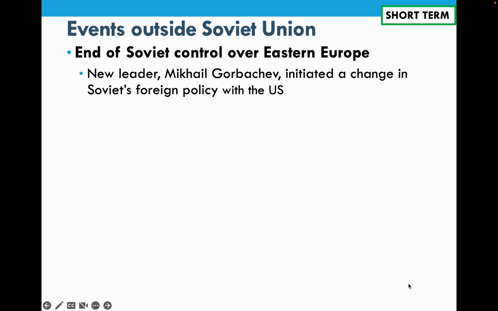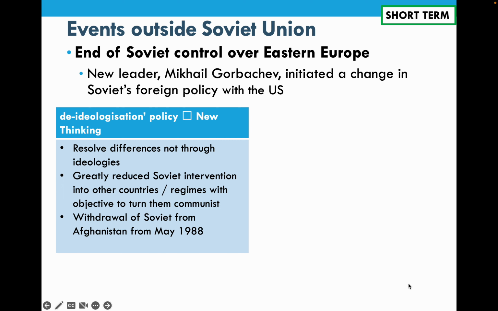So at the same time, not only internally, but Gorbachev also initiated a change in Soviet foreign policy with the US. Gorbachev also introduced new thinking that advocated the idea that global problems ought to be solved based on shared moral and ethical principles instead of conflict between capitalism and communism. So basically, Gorbachev wanted to cultivate friendly relations with the West, including Reagan.